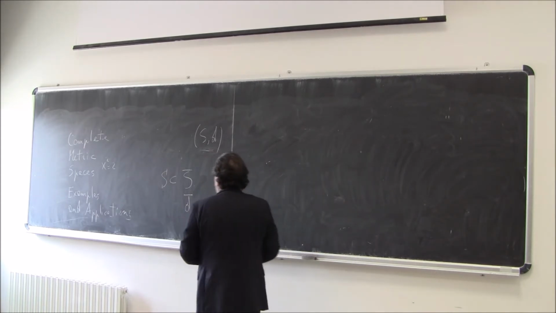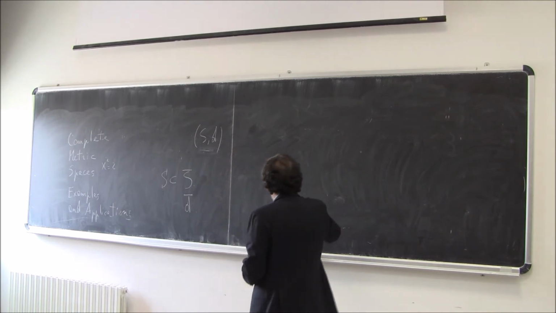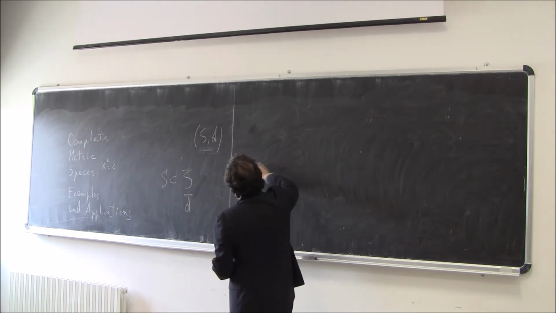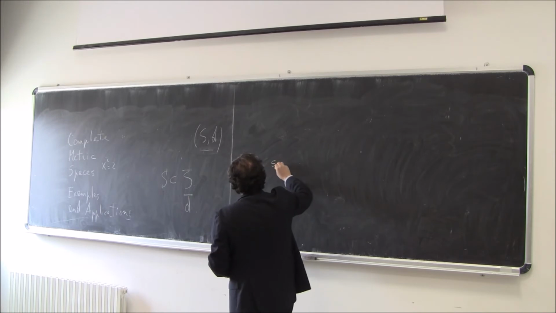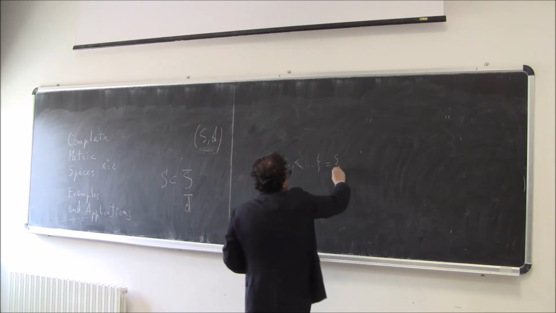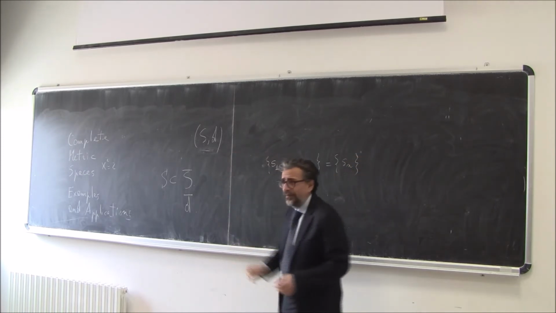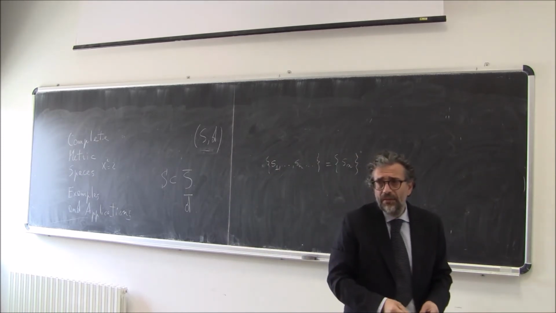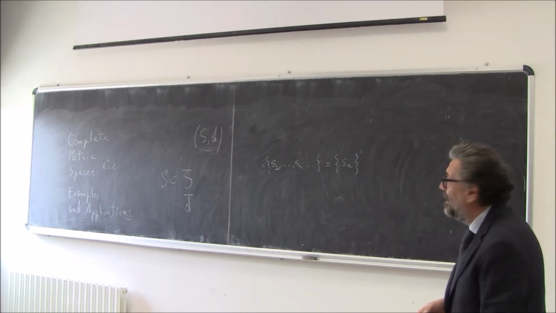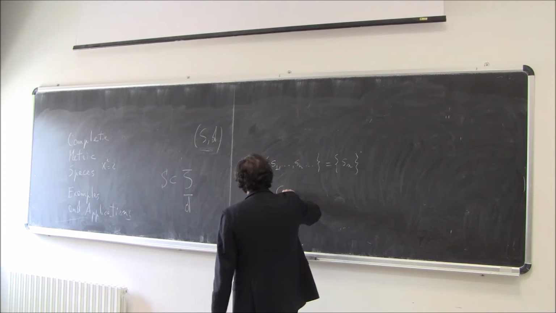So, the idea is, I start considering the elements S1, Sn. So the sequences of elements of S. Okay? Then I can build the set of Cauchy sequences.